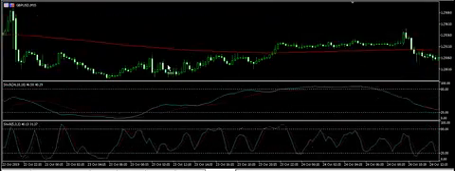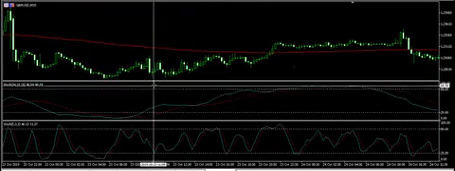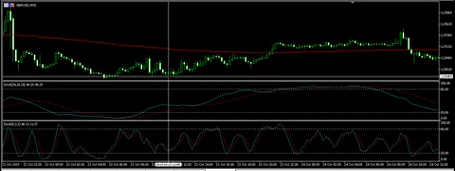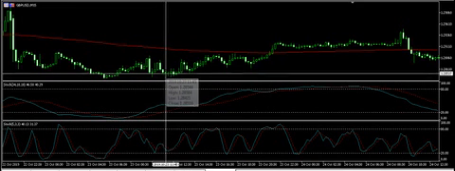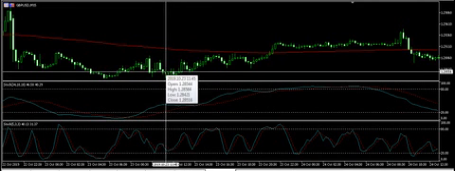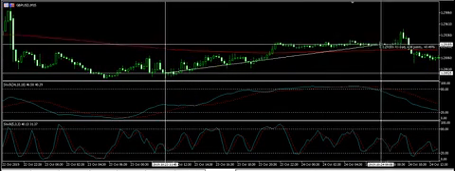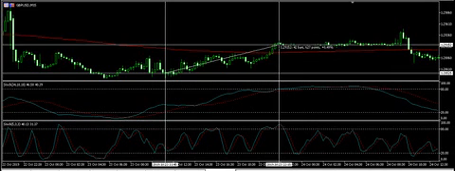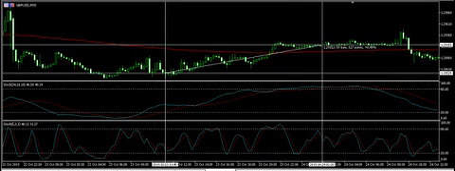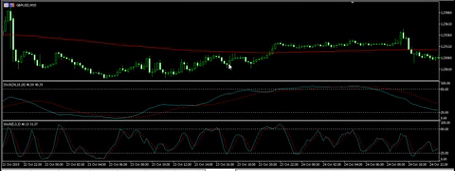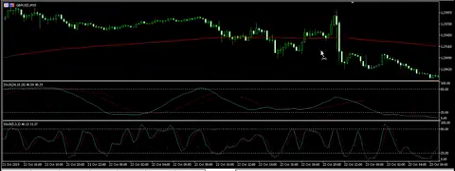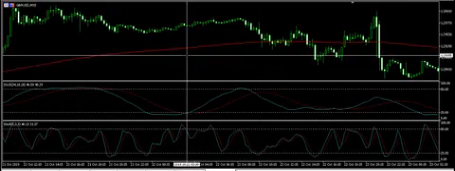And another, you can see that over here it went down, and here we get the buy signal. So with the buy signal and an early exit, over here it's 62 pips.